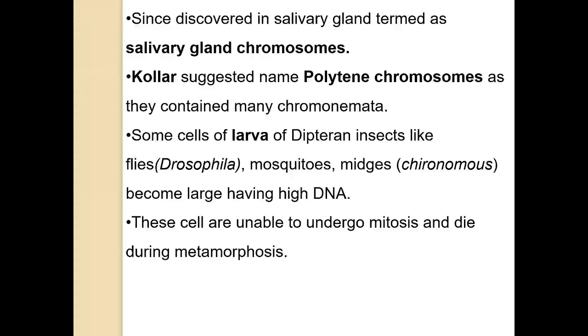Mostly this chromosome is found in the larval stage of insects like flies, mosquitoes and midges. At that time the chromosomal DNA is replicated and the sister chromatids are formed, and these sister chromatids arrange side by side, and that's why the chromosome becomes large and has high DNA content.